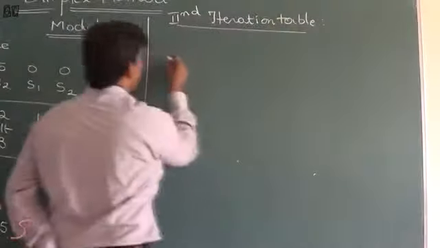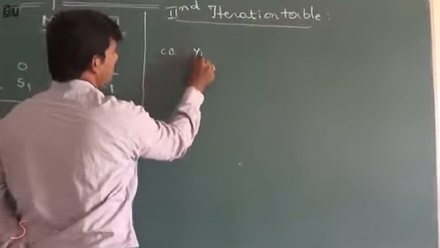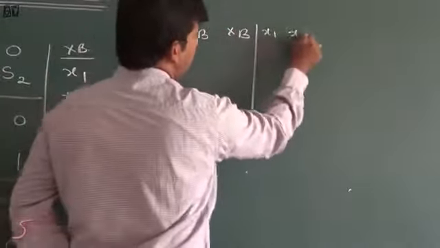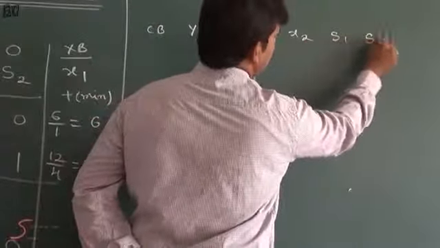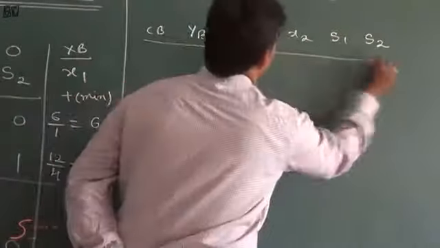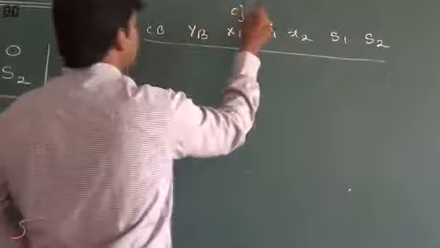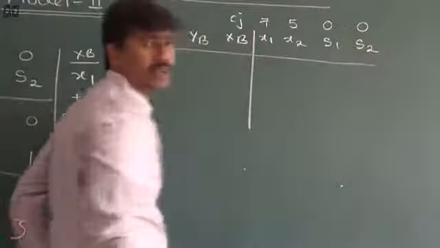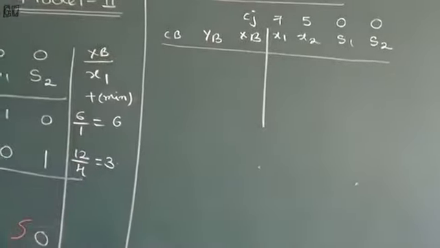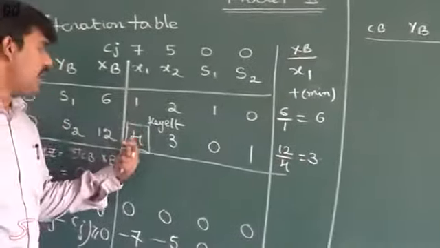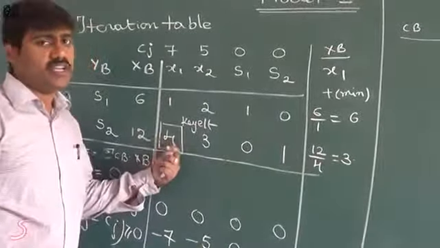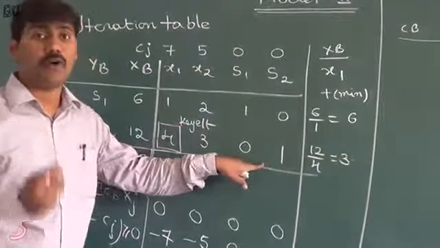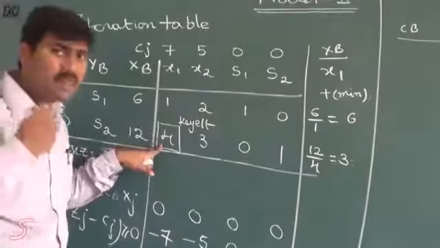So we have all the forms: CB, YB, XB, and x1, x2, s1, s2. As usual, Cj is 7, 5, 0, 0. Here the first step is to make this key element unity by dividing by itself. So I am going to divide this entire row by 4, because the key element is 4.